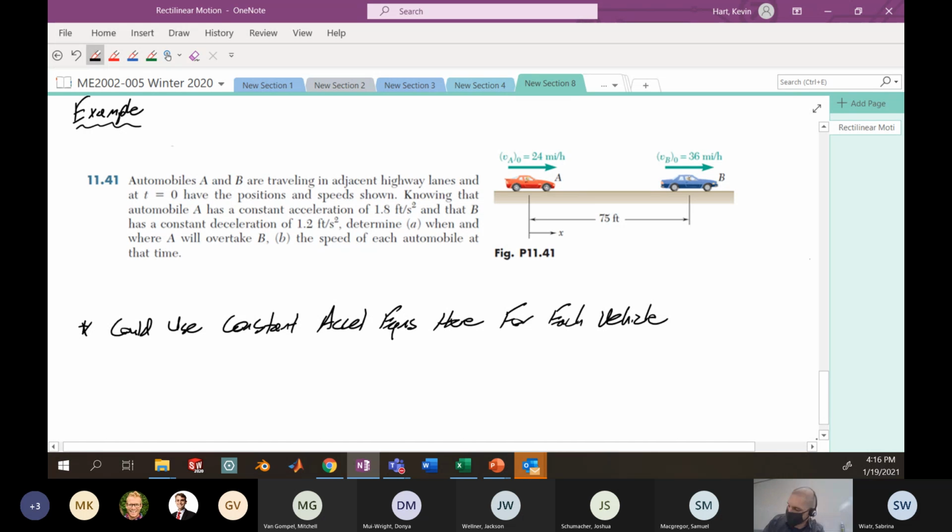What I mean by that is you could have something like the position of car A is equal to the original position of car A plus the original velocity of car A times time plus 1/2 acceleration of car A times time squared. Sorry, I should be more specific here. The initial velocity of car A, along with this information.